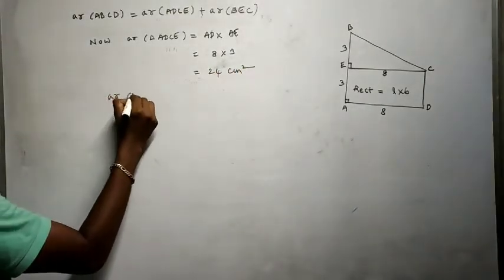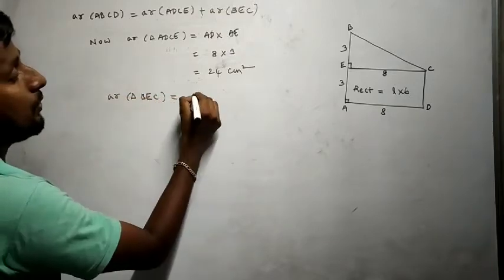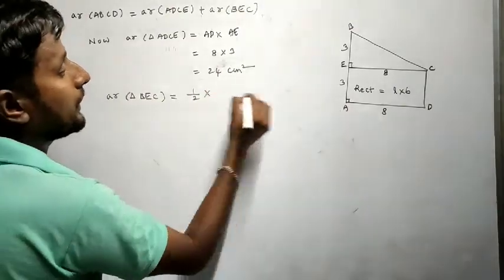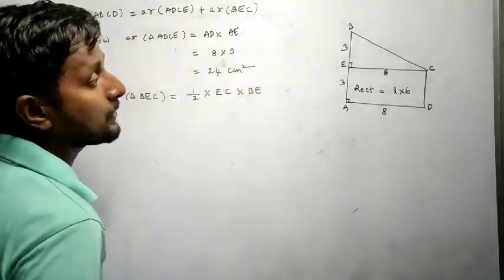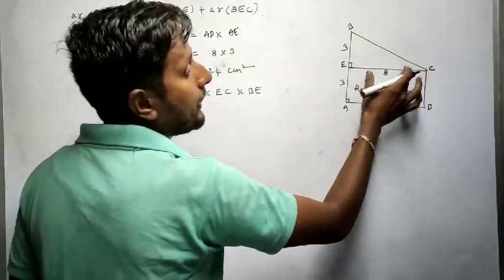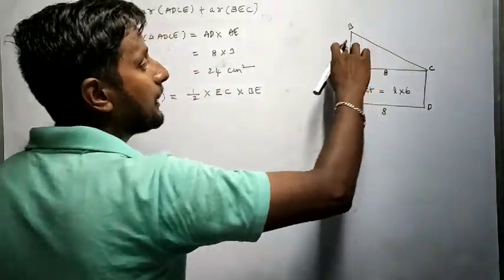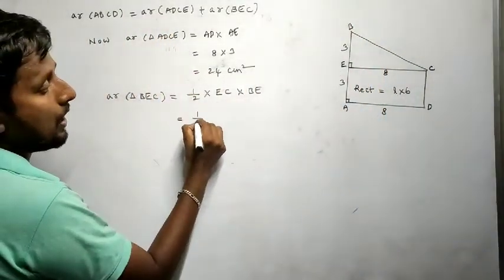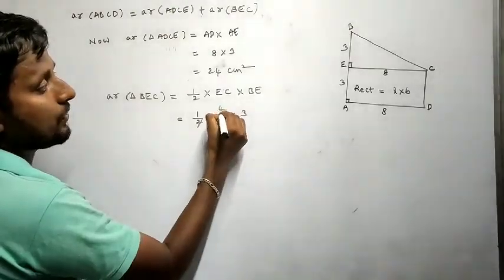Area of triangle BEC, right? The formula is half into base EC and height BE, correct? So as we know, the base we already know is 8 because rectangle opposite sides are equal, and BE is very clearly 3, correct? So half into 8 into 3, correct? 2 ones are 2, 2 fours are 8.